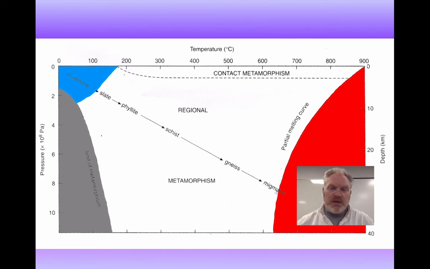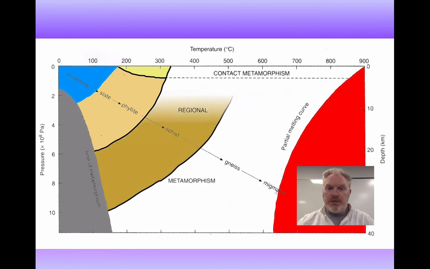This is one of the reasons that metamorphic rocks are potentially a little bit tricky, because there is such a wide range of pressures and temperatures at which they'll form. I want to colour these in a bit as well, though. Okay, so at relatively low temperatures and moderate pressures, we have what we call low-grade metamorphic rocks.